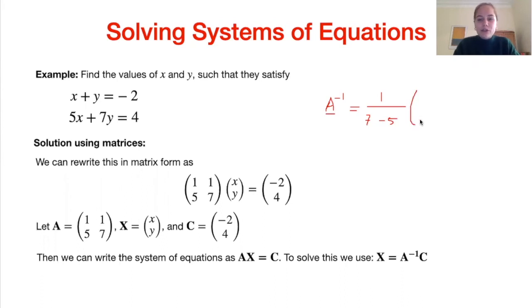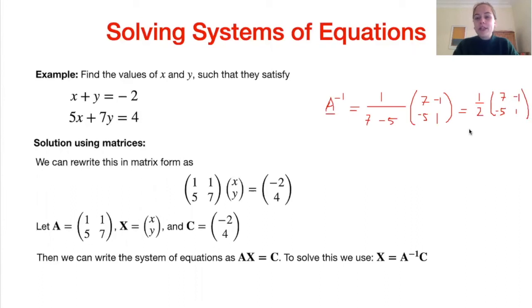And then what we have to do, remember, is we switch our A and D and we negate our other components. So we get 7, -1, -5 and 1. So overall, this is going to be 1 over 2 times the matrix 7, -1, -5, 1.